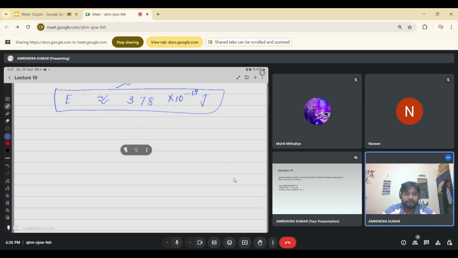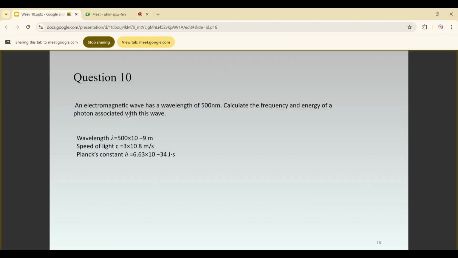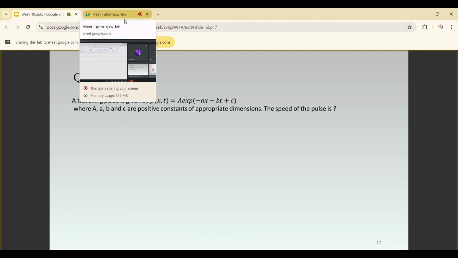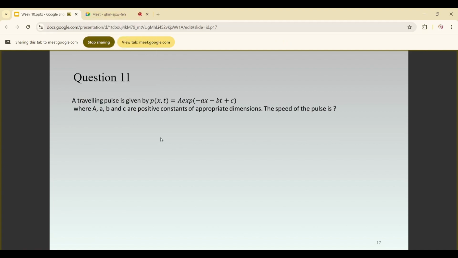Now we have a different question. We have a traveling pulse that is given by P(x,t). Let's write that down.